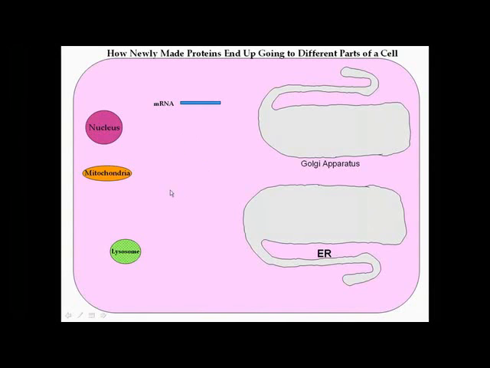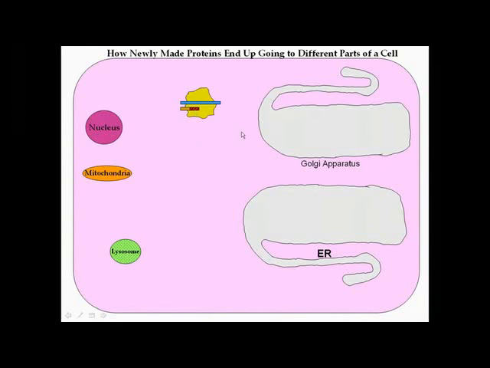Here's another example. Say that this is now a different messenger RNA. Some messenger RNAs, say that this is being translated, and here's a ribosome, encode for a string of amino acids, a signal sequence, that ends up having something bound to it.